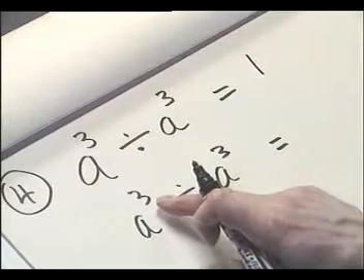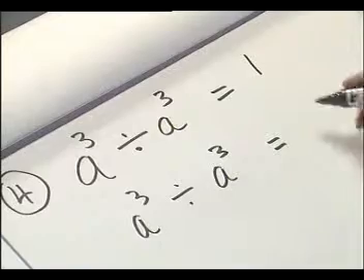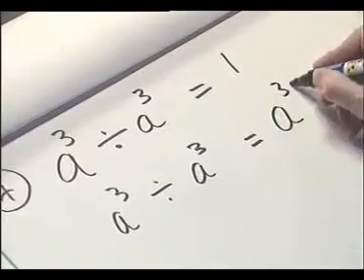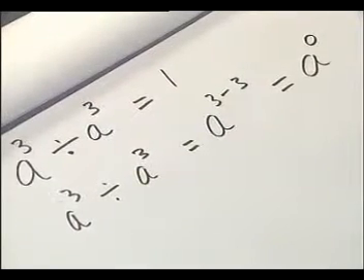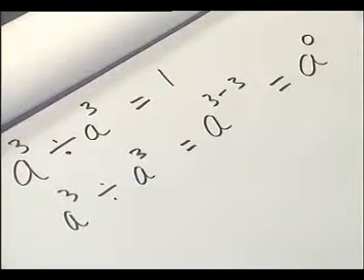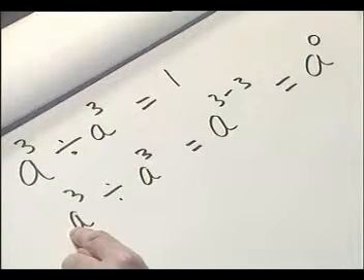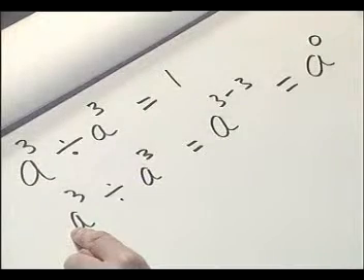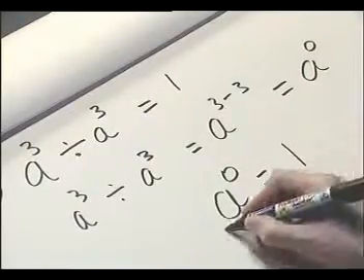And we can use rule number 3 for this, that if we want to do this, we subtract the indices. So that's a to the power 3 minus 3, which is a to the power 0. So what have we done? We've done the same calculation in 2 different ways. We've done it correctly in 2 different ways. So the answers that we get, even if they look different, must be the same. And so what we have is a to the power 0 equals 1.